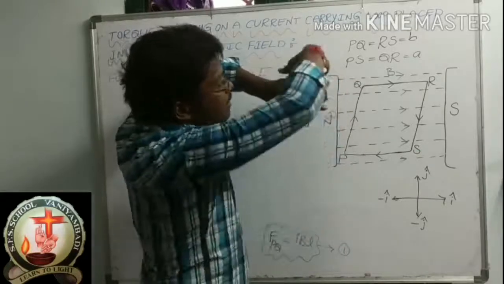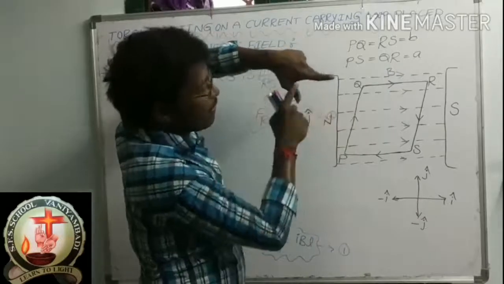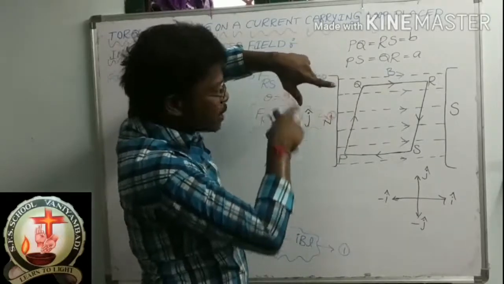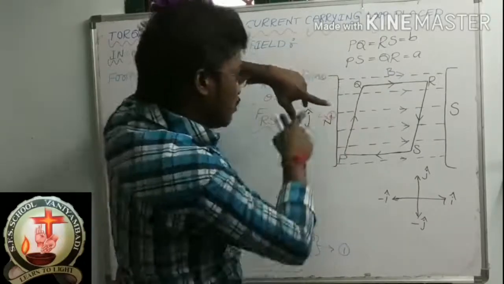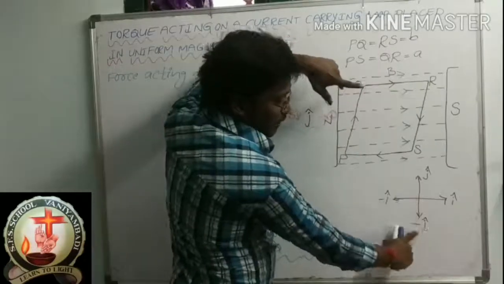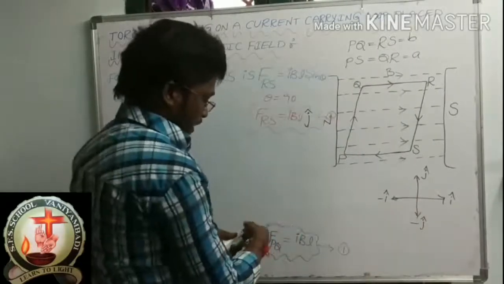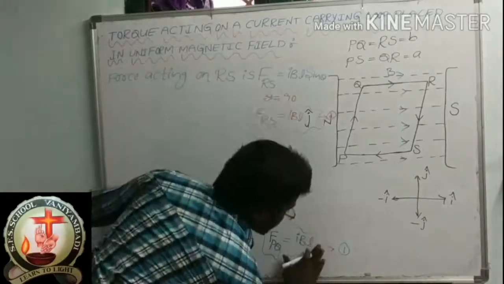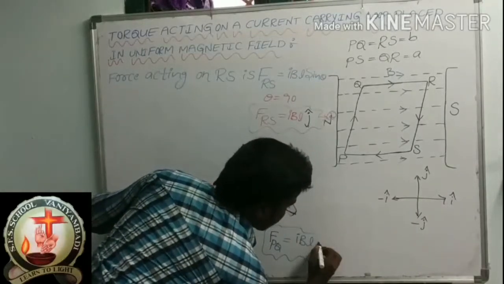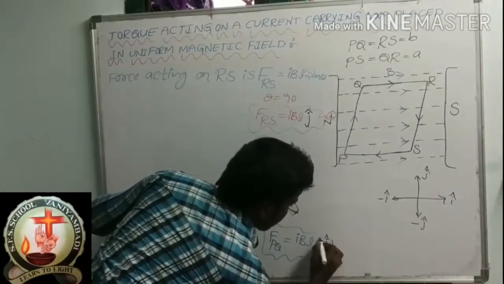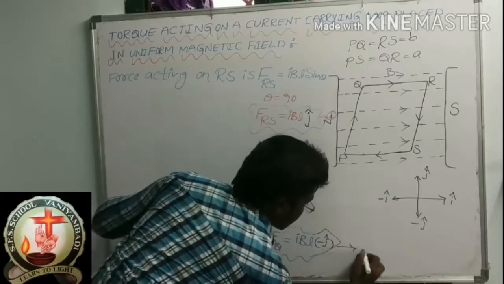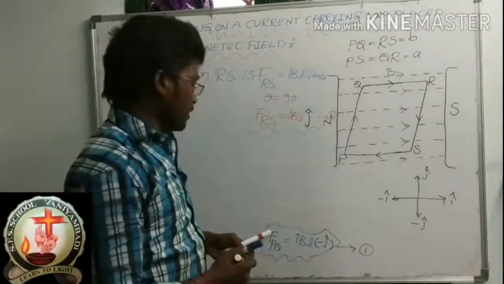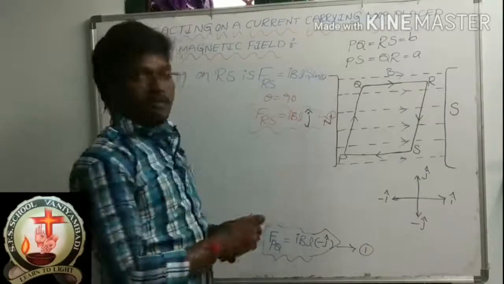Magnetic field direction, current direction, force direction. At what direction is it showing? Force, downside. So downside means minus J. Here the force direction is minus J cap. This is equation 1. And this is equation 2.